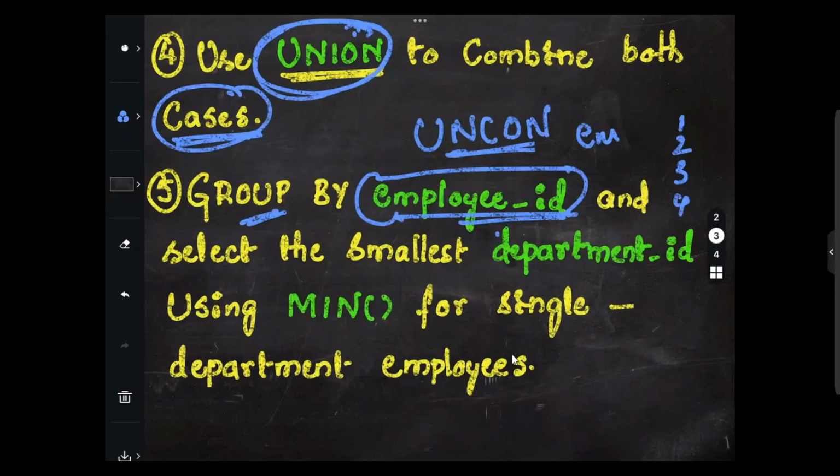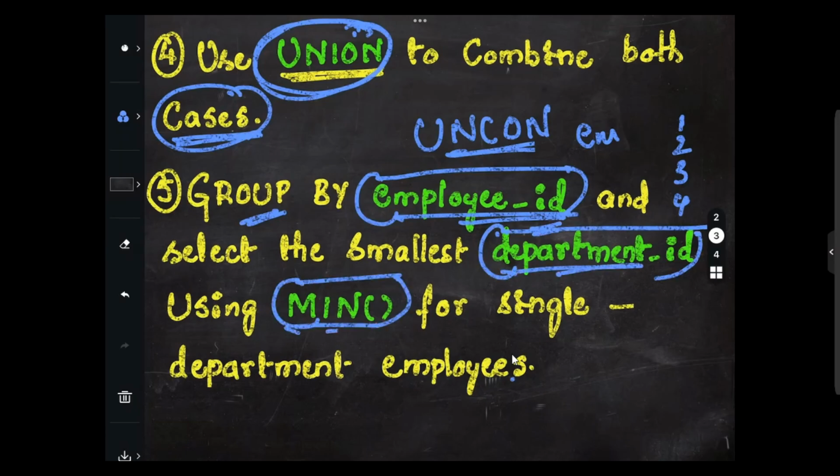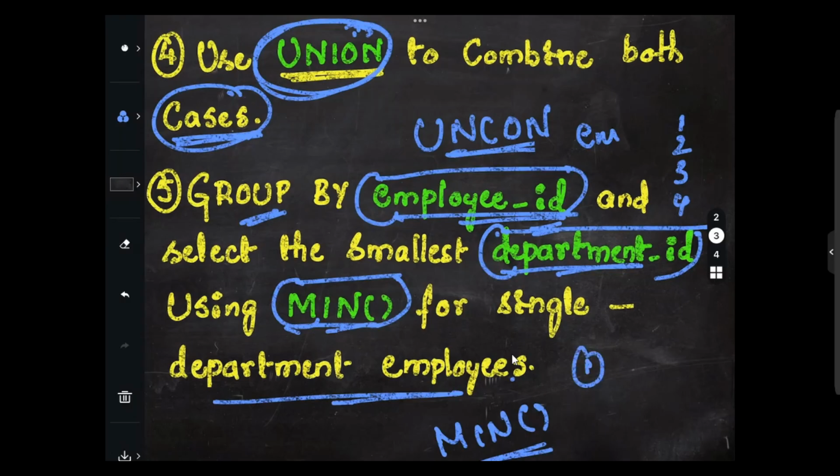So we will use the min function provided by SQL for single department employees. For the single department employees, we had only one row, which was flagged as n. We didn't have y at all, so we were considering the minimum, that is 1.